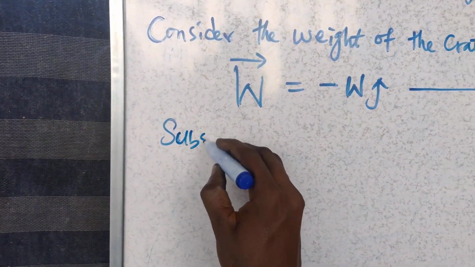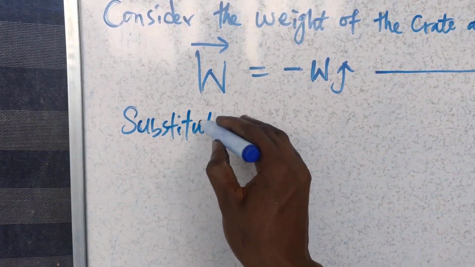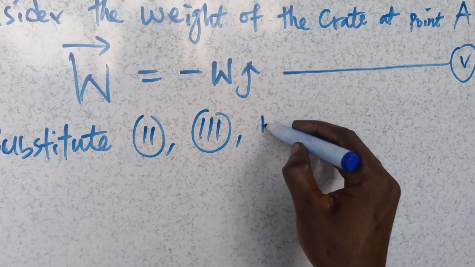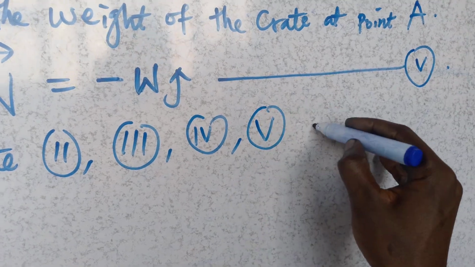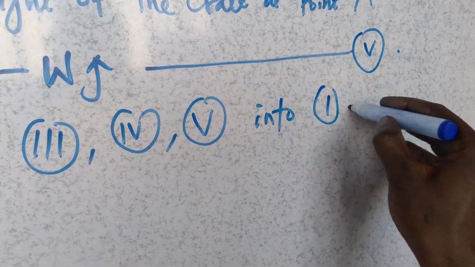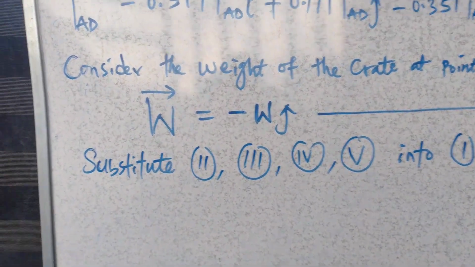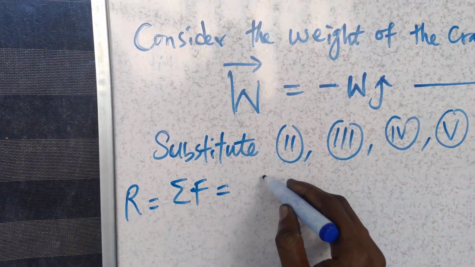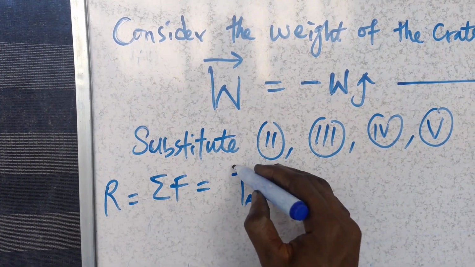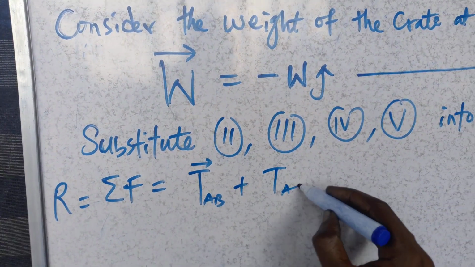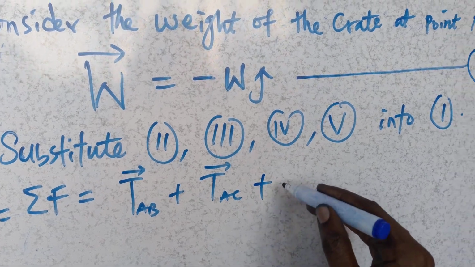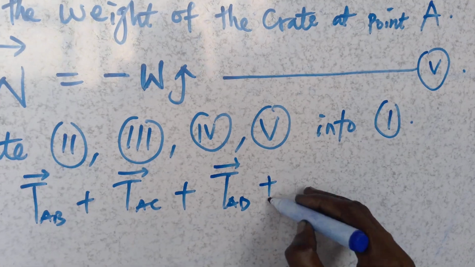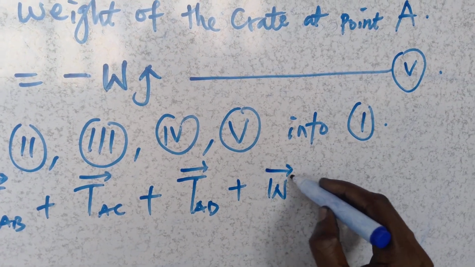So substitute equation 2, equation 3, equation 4, and equation 5 into equation 1. Recall that equation 1 is R equals sigma F, which is the tension TAB plus TAC plus the vector TAD plus the vector weight.